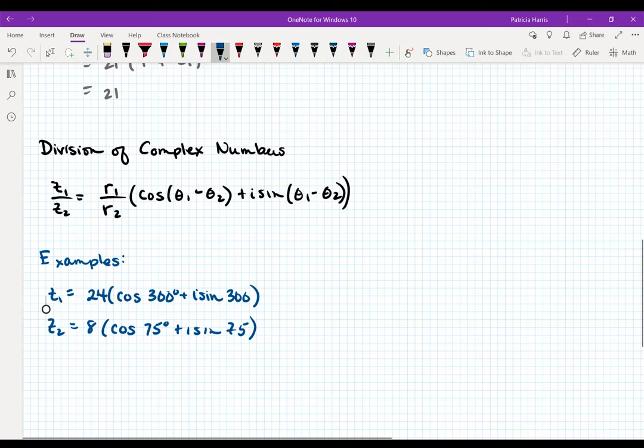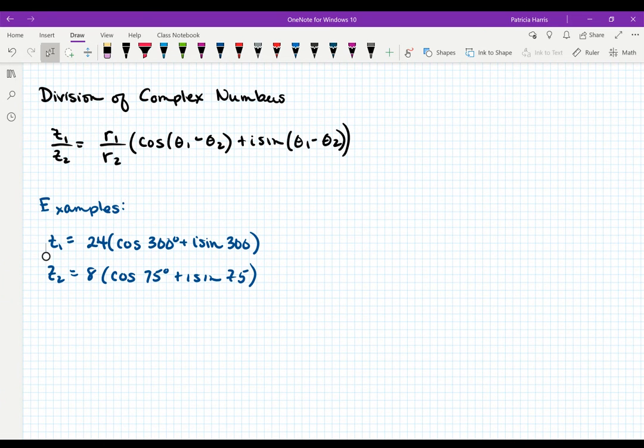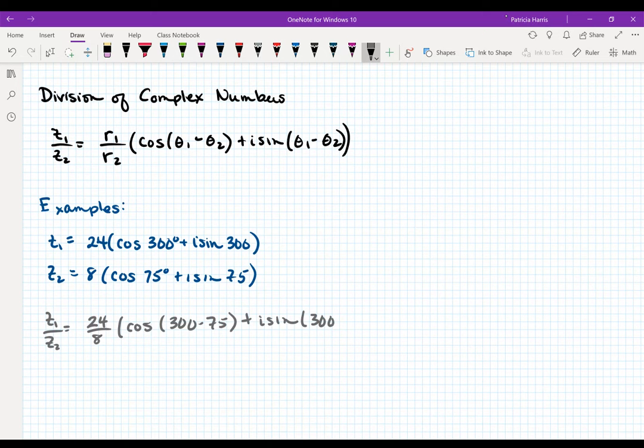Okay, so again, follow the formula. So we're going to go 24 divided by 8, cosine 300 minus 75, and then I sine 300 minus 75. Okay, so that would give me 3, and that would give me cosine of 225 plus I sine 225.